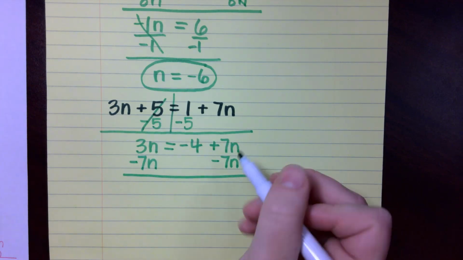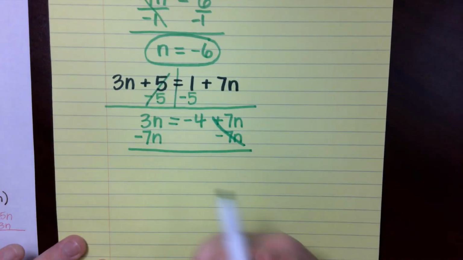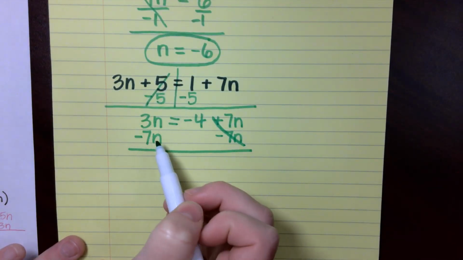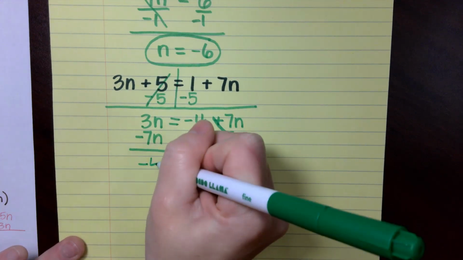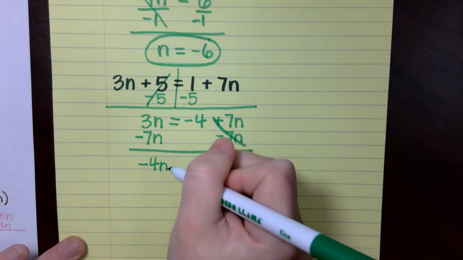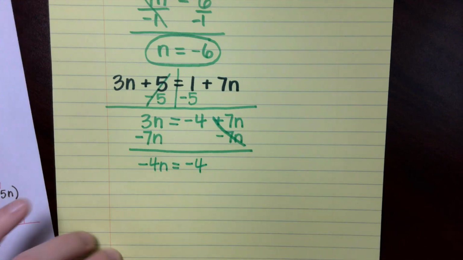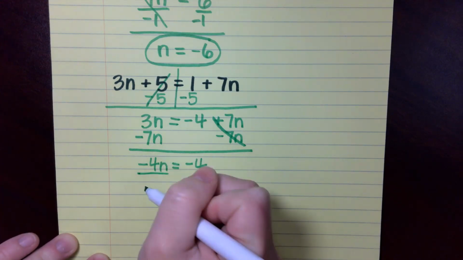So my 7n's are going to cancel out. And what is 3n minus 7n? Negative 4n. So negative 4n is equal to negative 4. Yes, now we need to divide by negative 4.